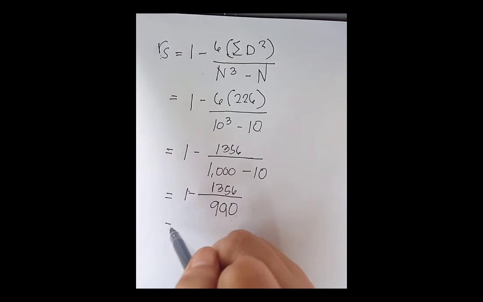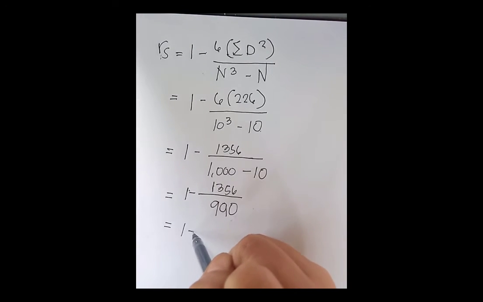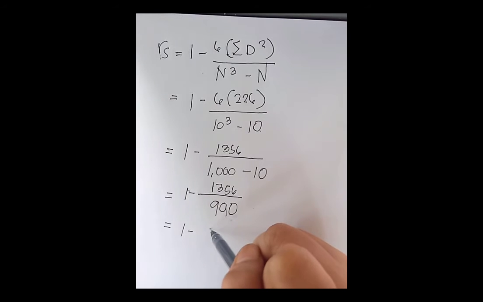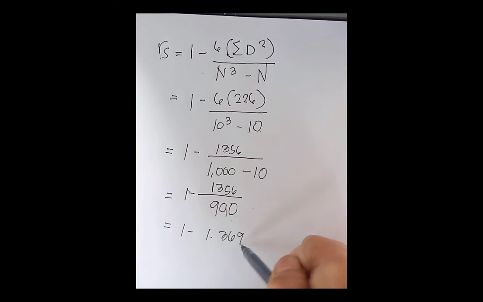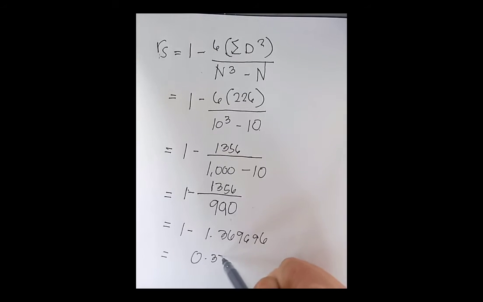Next, let's copy the 1 minus. 1,356 divided by 990 is equal to 1.369696. So now let's subtract 1 minus 1.369696, which is equal to negative 0.37.